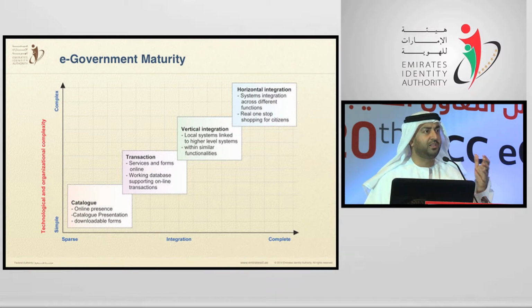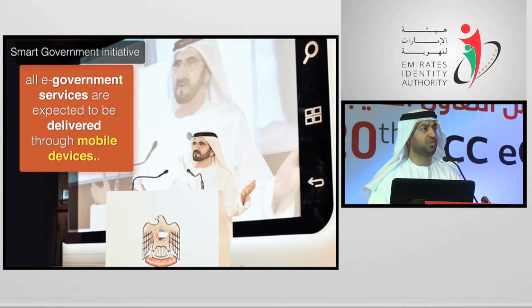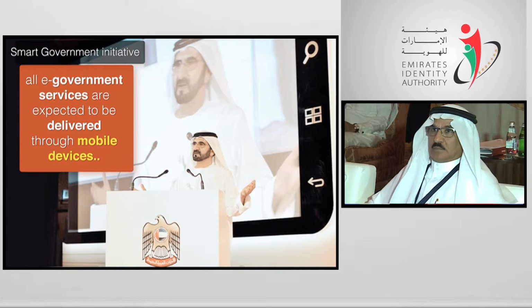Lesser attention is being devoted to concepts like vertical integration and horizontal integration. Much focus is on the cataloging or transactional phase for various reasons. However, with the widespread use of mobile phones nowadays, governments are also pushed to use mobile devices as a medium to provide services to citizens and the public overall.